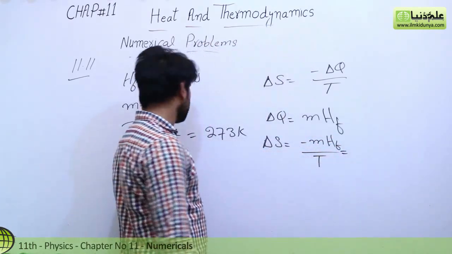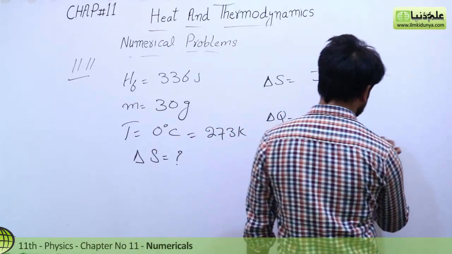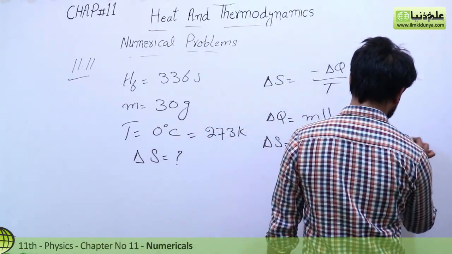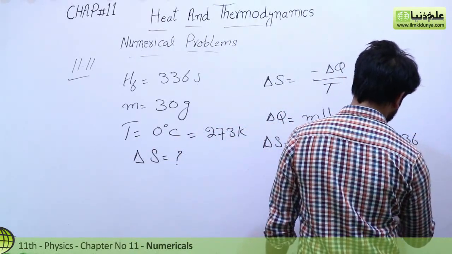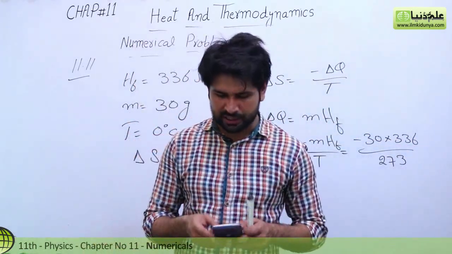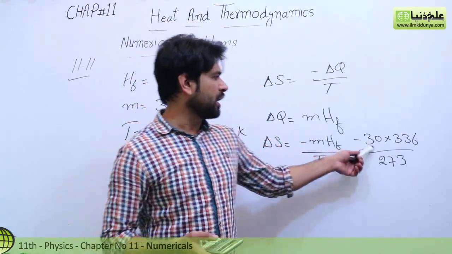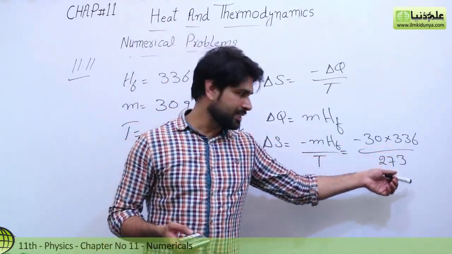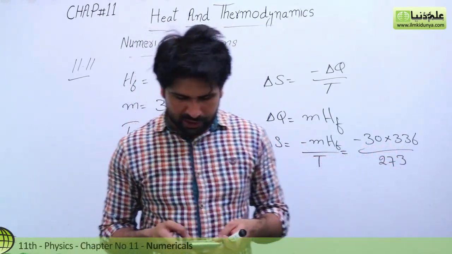Let's substitute the values. Minus 30 multiplied by 336 divided by 273. Now take your calculators, just multiply 30 by 336 and divide by 273.